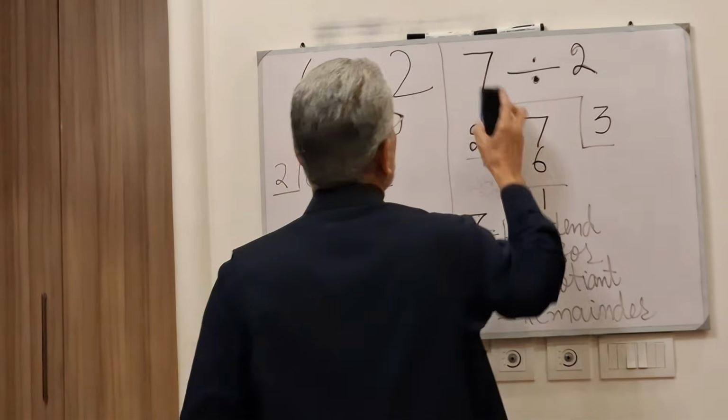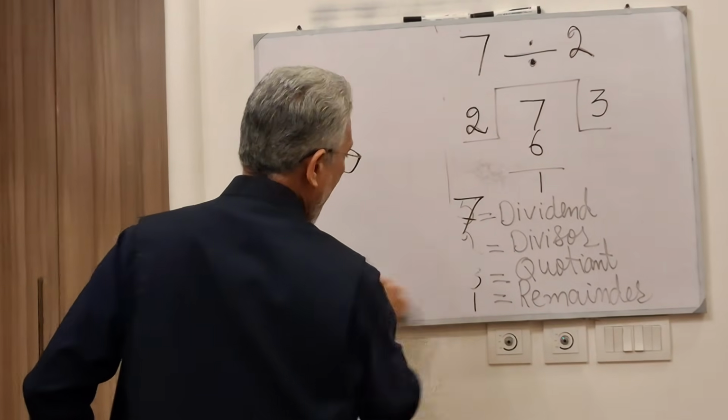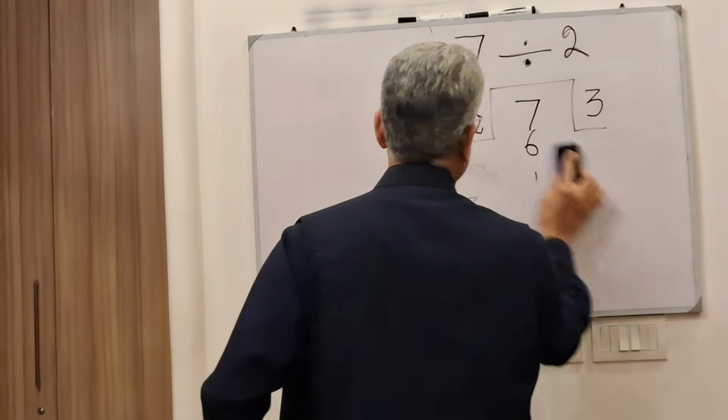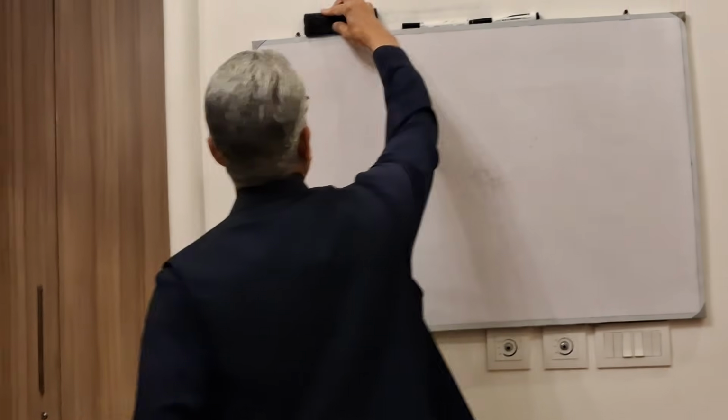Now, Malaika, imagine that you have 6 toffees in your pocket and you go to school and you want to share those 6 toffees with some of your friends, with some of your class fellows in your class. In how many ways can you share them?